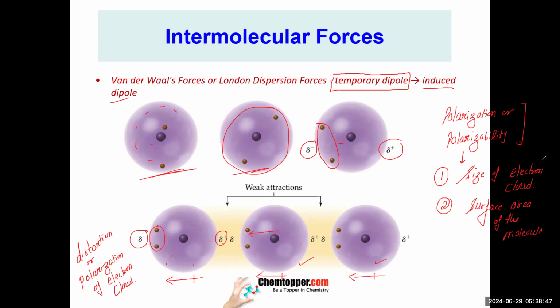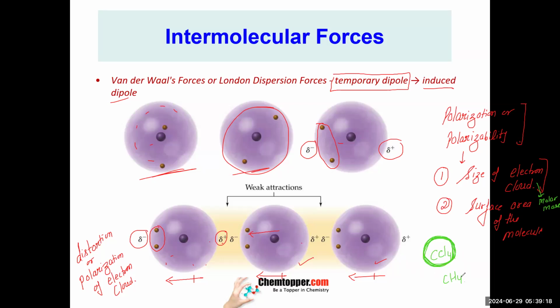How to compare the size of electron cloud? So they have taken the molar mass here. Just compare the molar mass. Higher molar mass means more protons, more electrons. Like if I give you CCl4 and CH4, definitely here the amount of electrons is very high, and so is the molar mass.